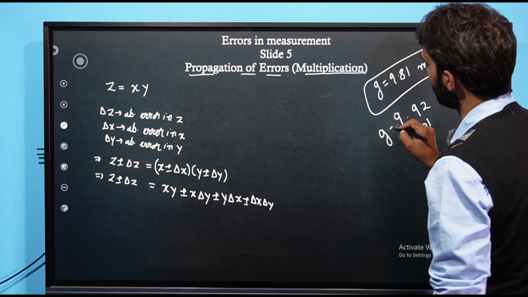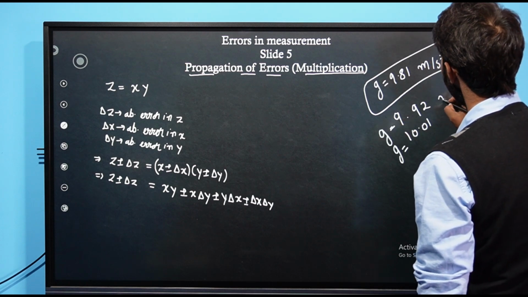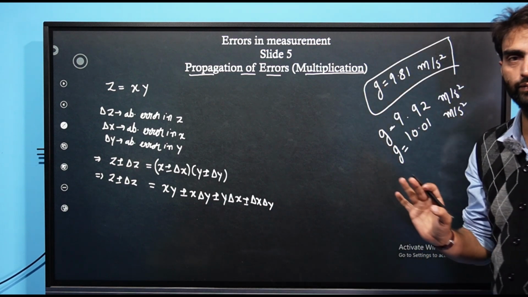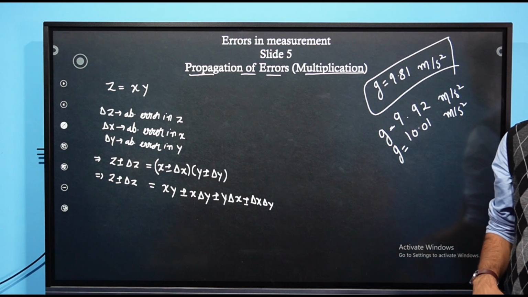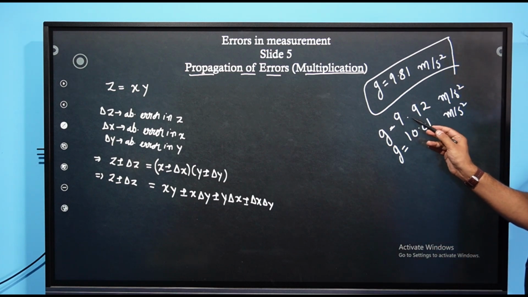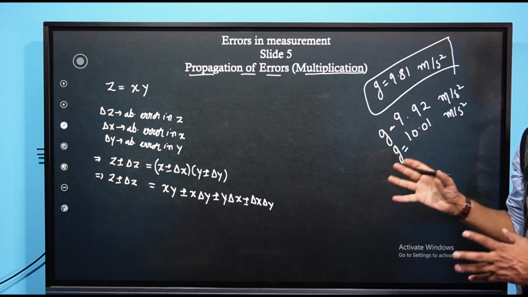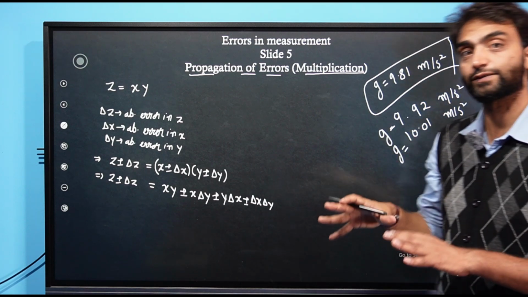So this is an acceptable value. Why is it acceptable? Because this value doesn't vary a lot from the actual value. The actual value is 9.81. Now if you get a value of 9.92, even then the value does not shift so much that we can say that our experiment is wrong.